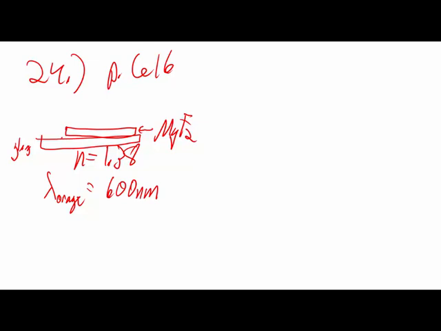All right. So we want to know what is the thinnest film, right? We want to know what is the thinnest film that we can calculate, okay? Well, in other words, what would be the thinnest film we could use, okay?